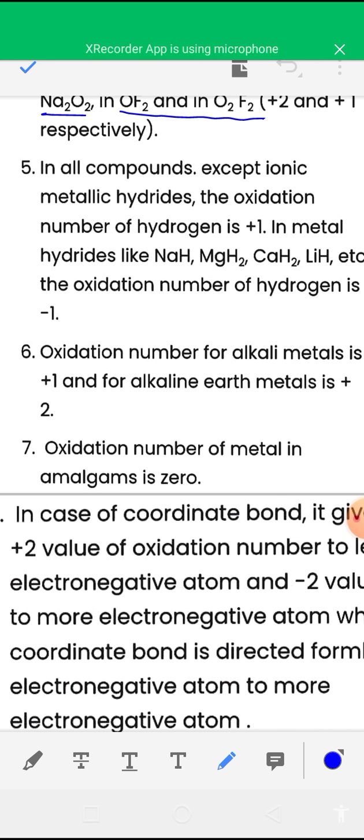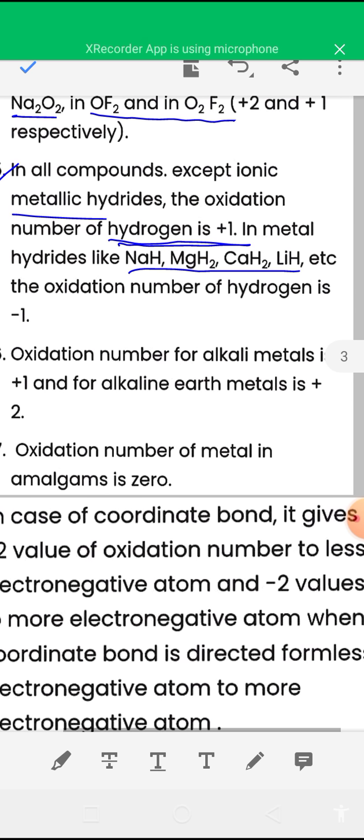Next, point number 5, in all compounds except ionic metallic hydrides, oxidation number of hydrogen is always +1, except in metal hydrides like NaH, MgH2, CaH2, lithium hydride. In these compounds oxidation number of hydrogen is -1, but in maximum cases oxidation number of hydrogen is +1.